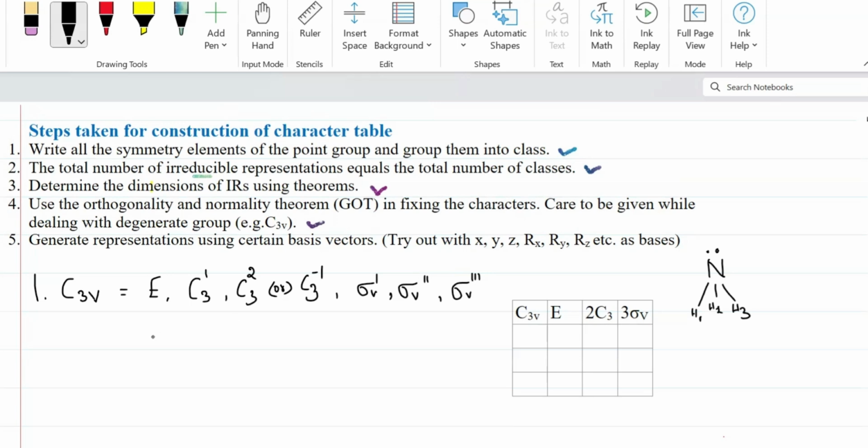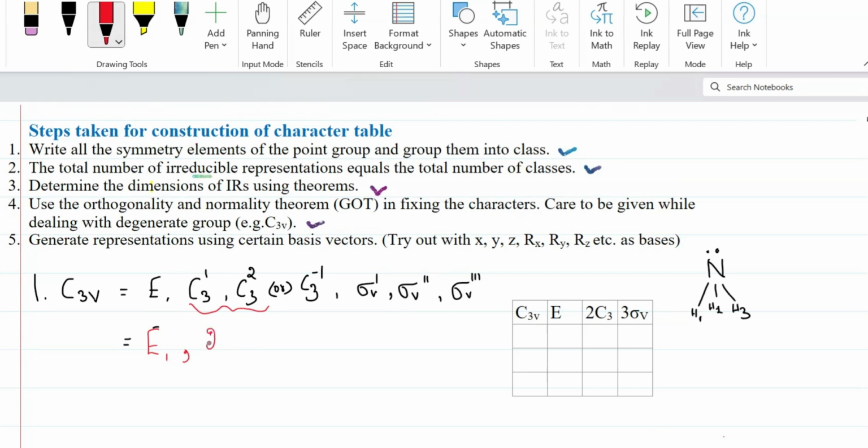Now we need to group them. The grouping has to be done using similarity transformation. So let us group over here. This belongs to a separate class. Which one? Identity, E. Then these two symmetry operations are grouped together, which was proved using similarity transformation.